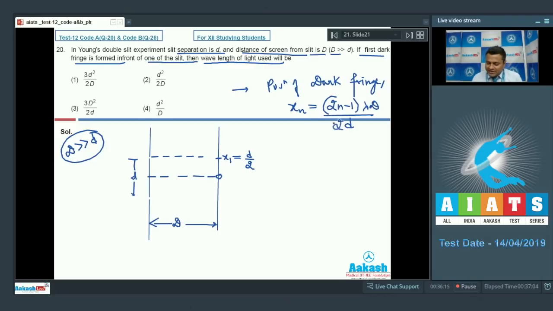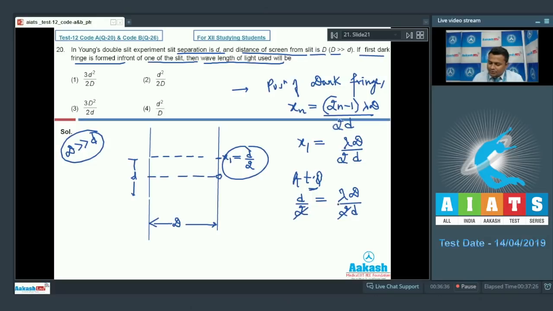So the position for first dark fringe will be x1, that is lambda capital D divided by 2 small d, and according to question x1 is what? d by 2. So better to write d by 2 as lambda capital D upon twice small d, cancel out 2, and therefore we got the value of lambda as d square upon capital D.